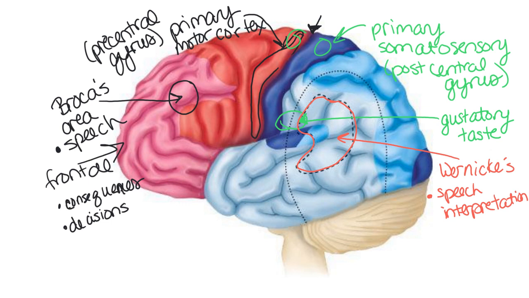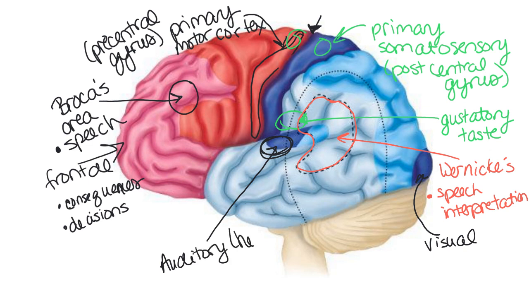Okay, down in the occipital lobe, at the base of the occipital lobe, we have the visual cortex, and that does exactly what it says. It processes your vision back there. And then in the temporal lobe, right about here, these are all rough, right about there, is your auditory cortex.